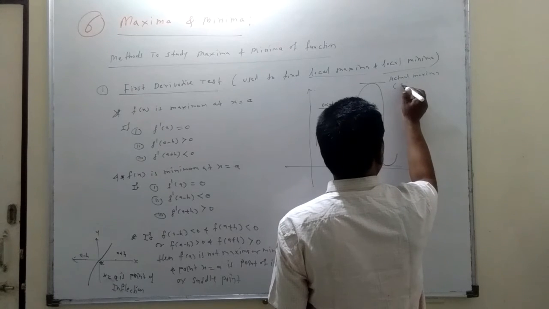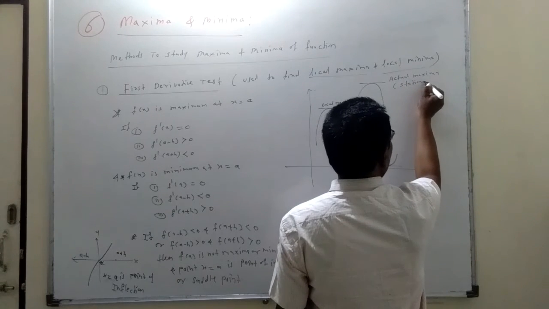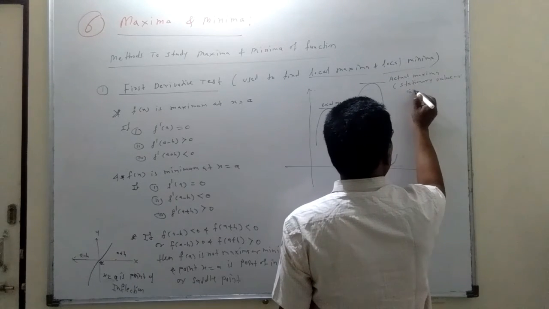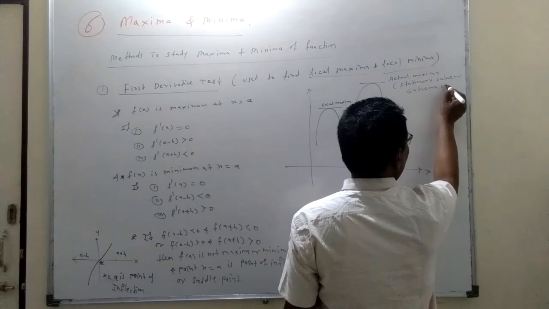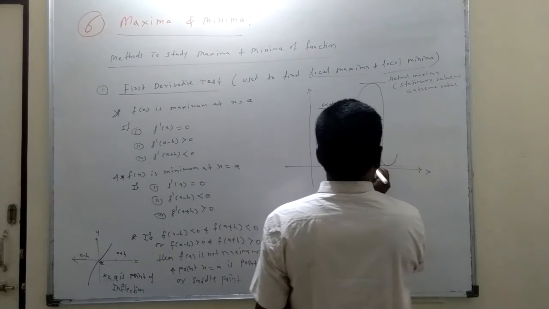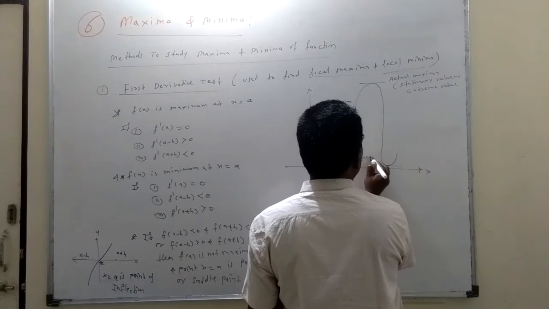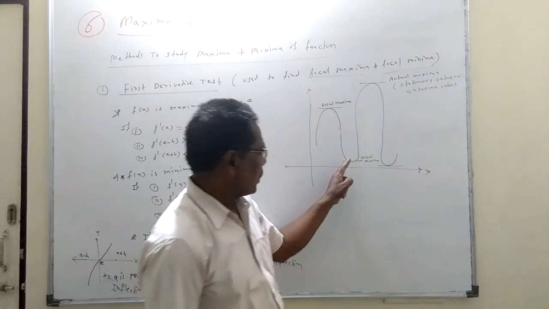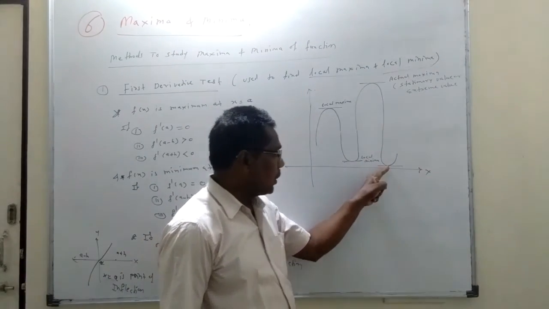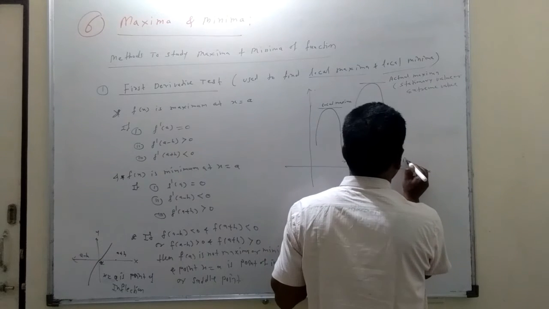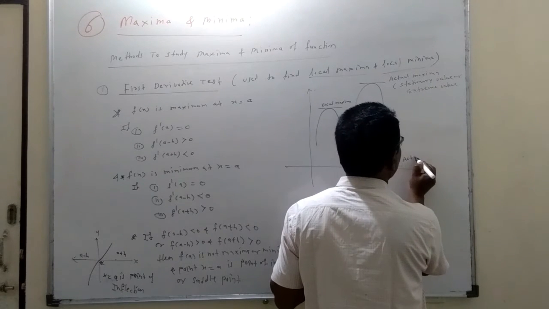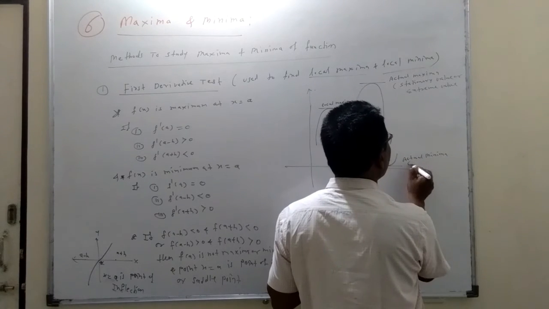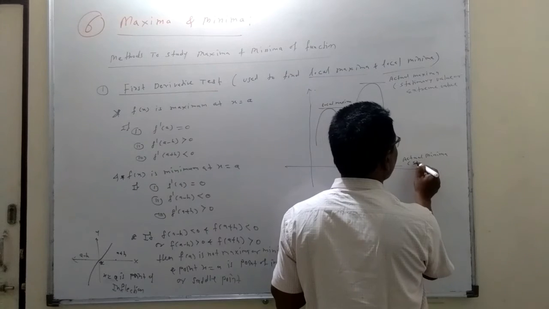This is called stationary value, or extreme value. Now here this is local minima, because this is the local minimum and this is the actual minima, and this is the stationary or extreme value.